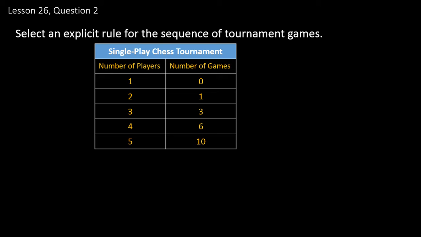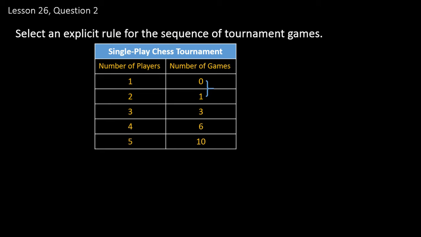Now for your second question, you're given 4 explicit rules, and you're asked to select the explicit rule for the sequence of tournament games. So we're trying to figure out an explicit rule that describes this situation that's happening in the table. So once again, I say examine the information happening in the table.